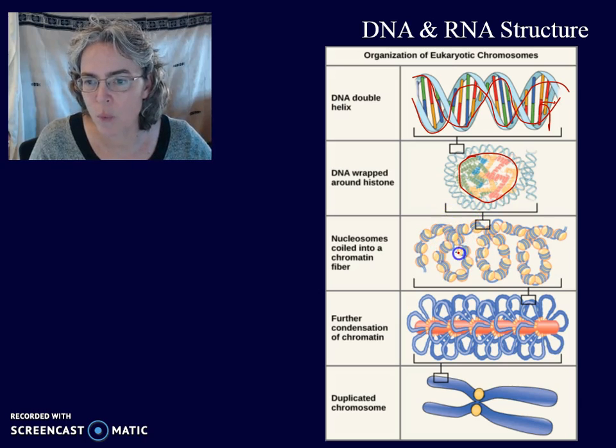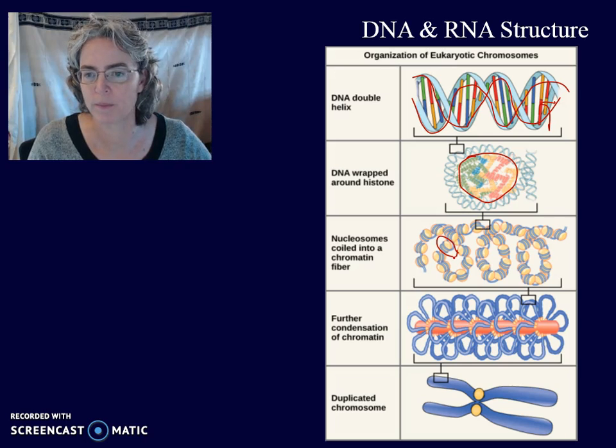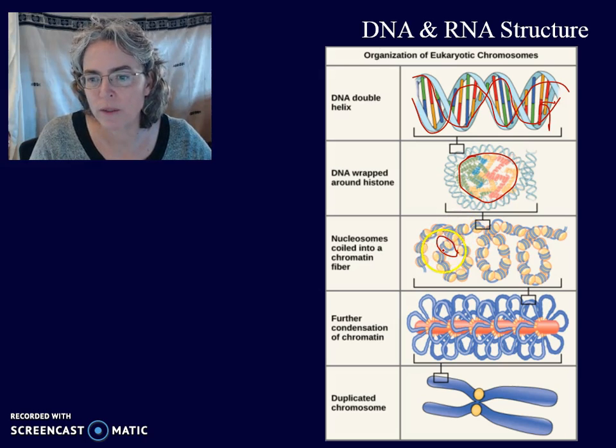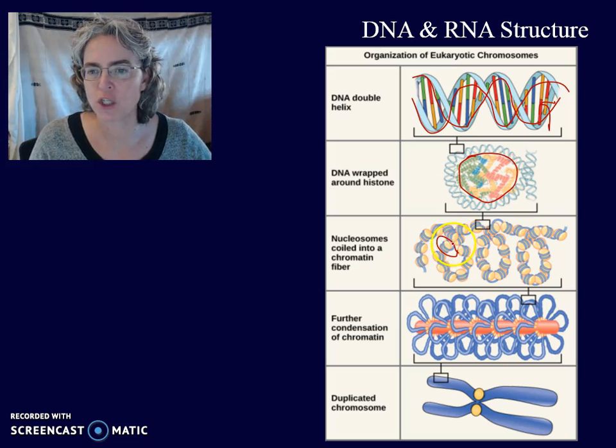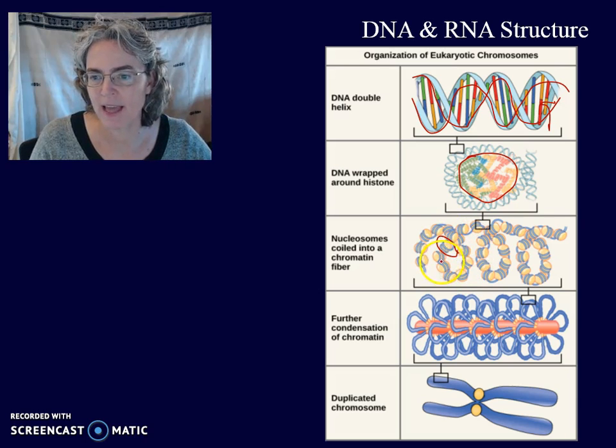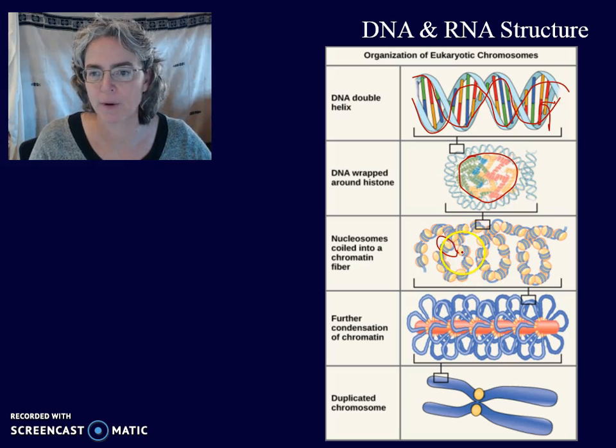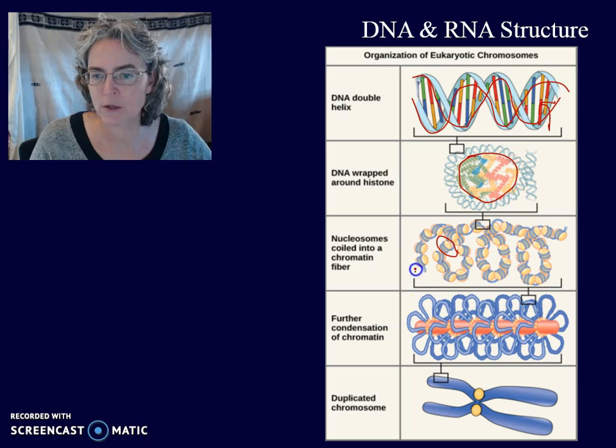And that's one of these right here. So that is called a nucleosome. And it's kind of like a bead. And then it gets coiled again. So it's almost like a chain with beads on it. And then that necklace of beads gets coiled into a fiber.